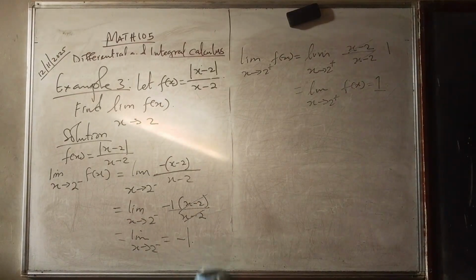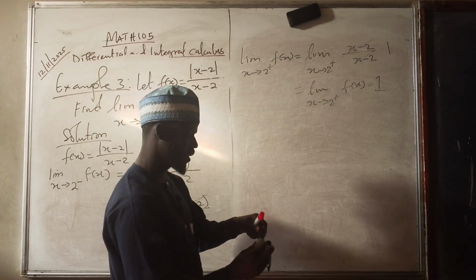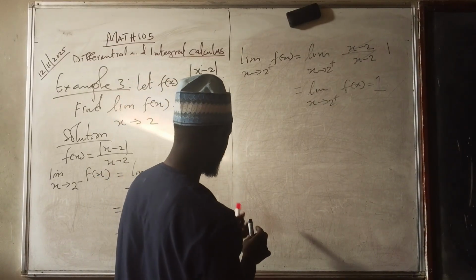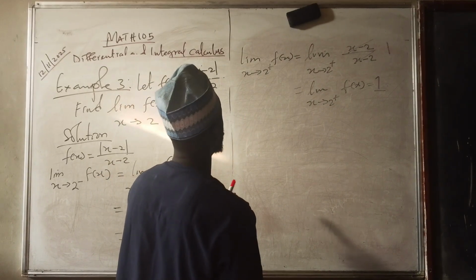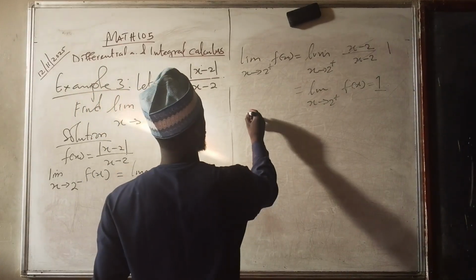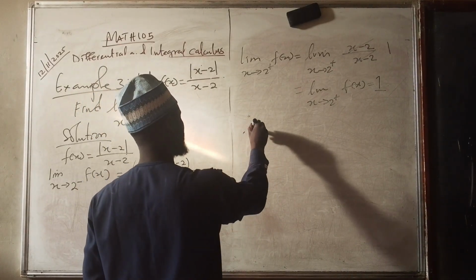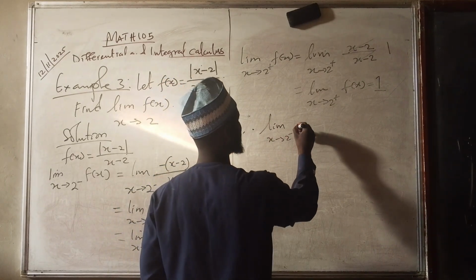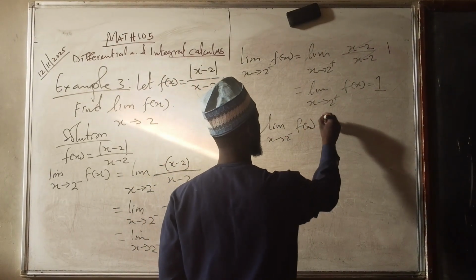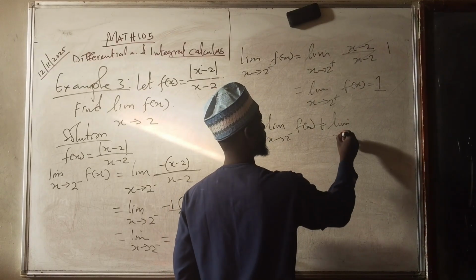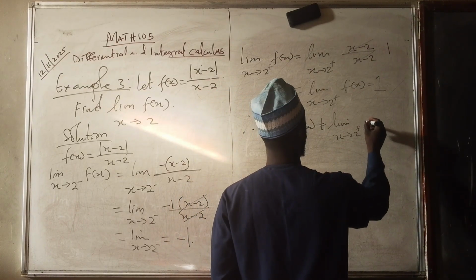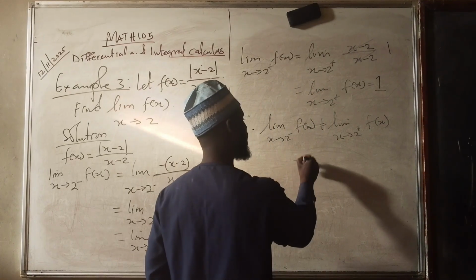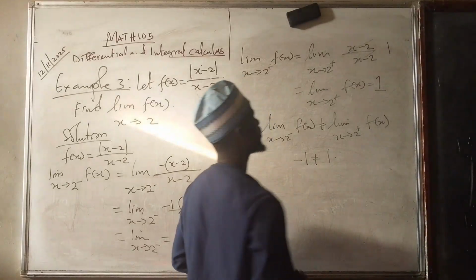So what are we saying? What we have now is that the limit does not exist. We conclude, therefore, that the limit as x tends to 2 from the left of f of x is not equal to the limit from the right, because minus 1 is not the same thing as 1.